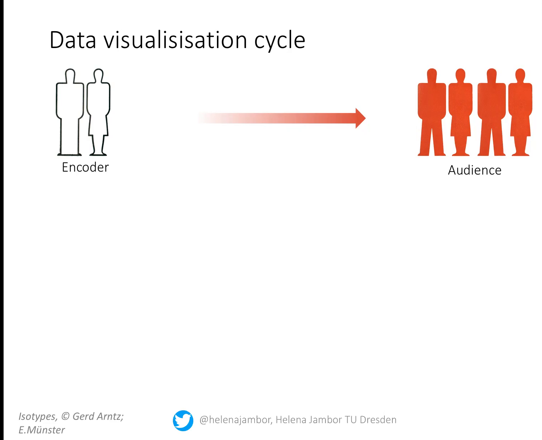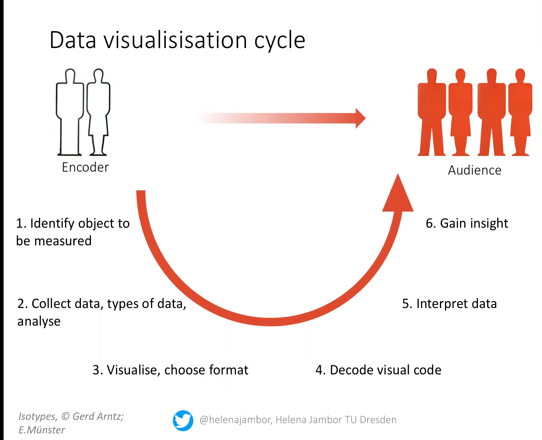But the path from encoder to audience is obviously not straight, but requires many little steps. The very first part is that you need to identify the object to be measured. This is usually part of your science, right? You decide on what you want to be working on in your project and how to collect the data in order to make any kind of assumptions.